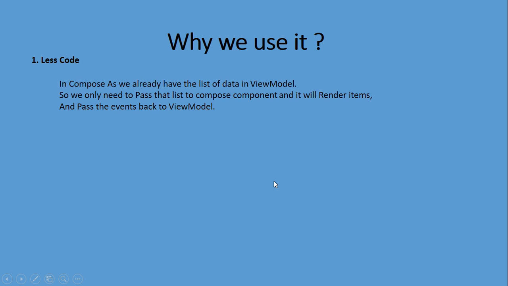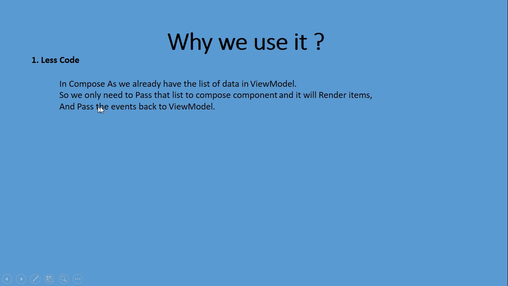So next, let's see how we can achieve this in Compose. In Compose, as we already know, we have the list of data in our view model. In the case of Views, we also have our data in the view model.